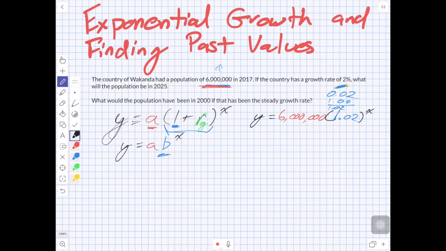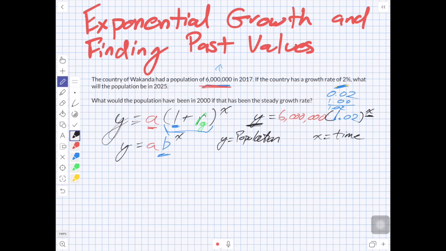And x represents time, how long something is going to happen for, how many times this rate is going to run itself. So y will be the future population in this case, and x is time.